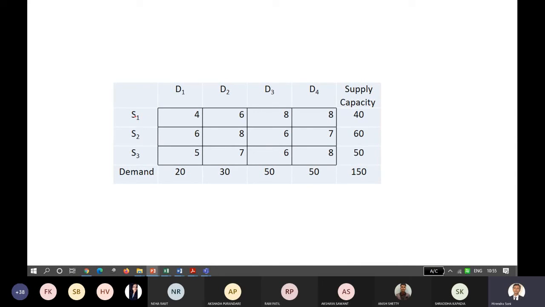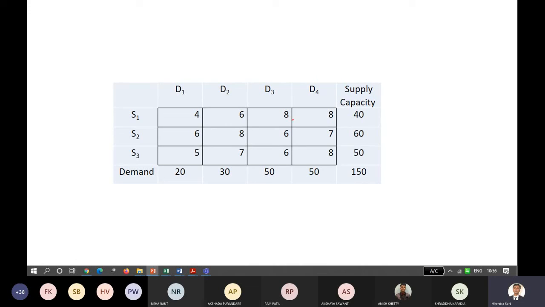When I'm supplying from one supply source and delivering to another delivery center, this is my cost. If the same material is supplied from supply source 1 and delivered to destination 2, this is my per unit cost.